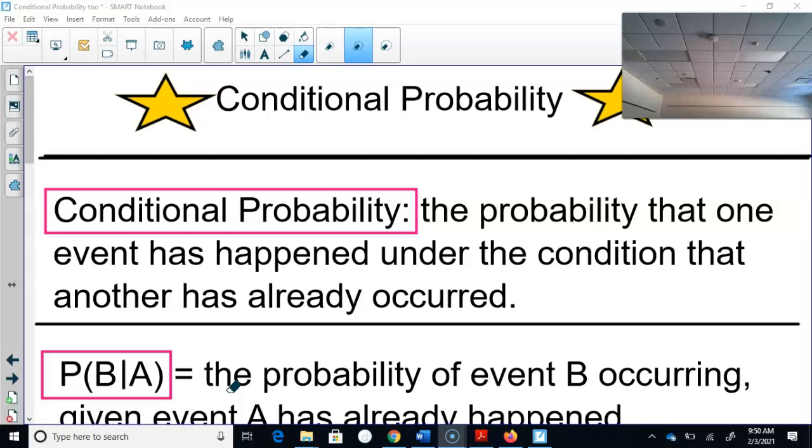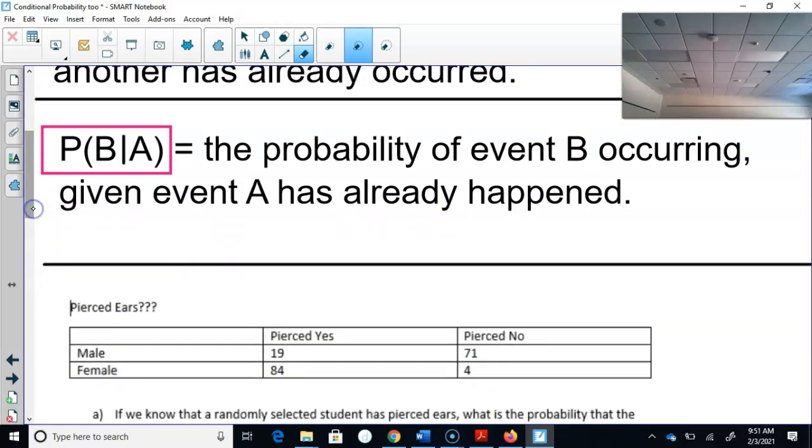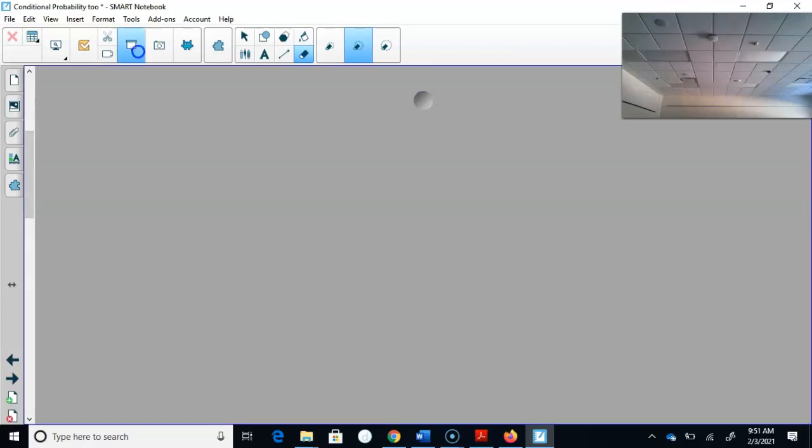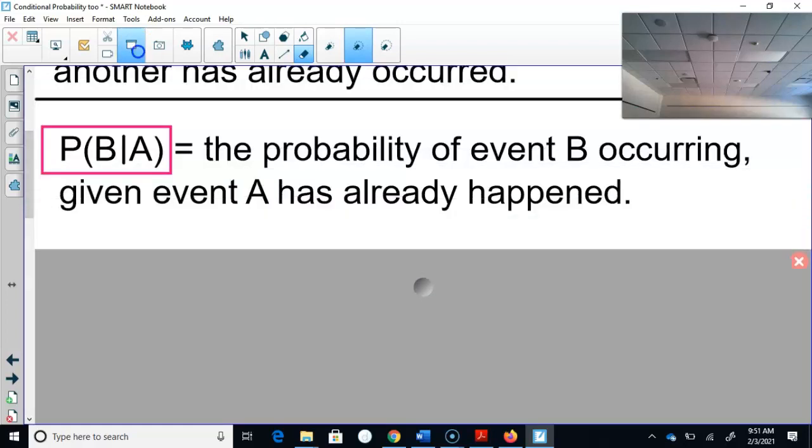What is conditional probability? It's the probability that one event has happened under the condition that another event has already occurred. There is a formula for conditional probability. First of all, let's back up. How do we read conditional probability? We use this notation right here.